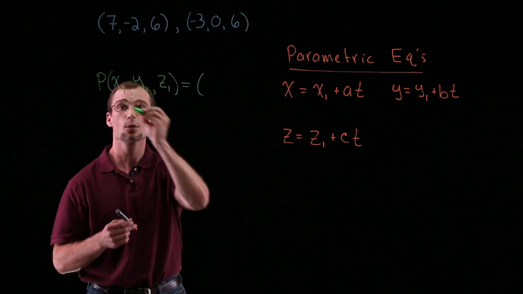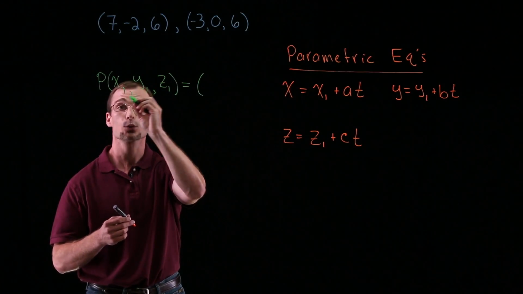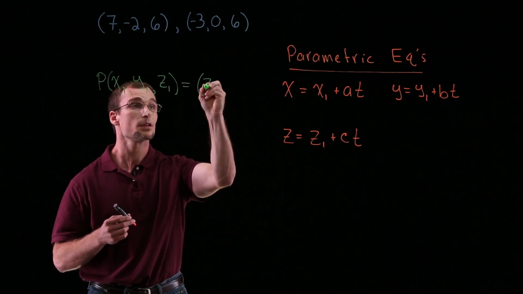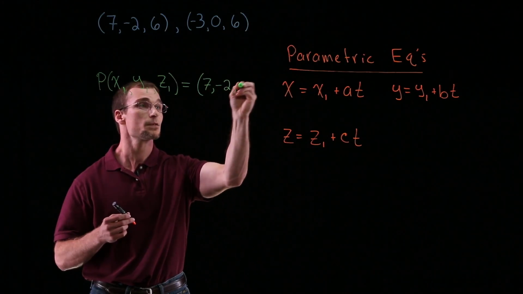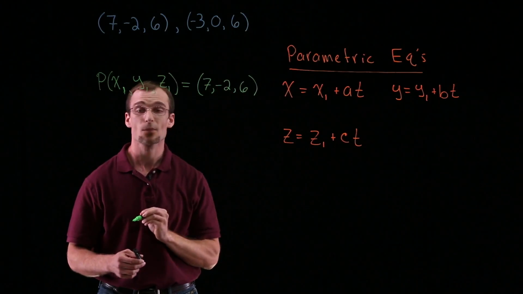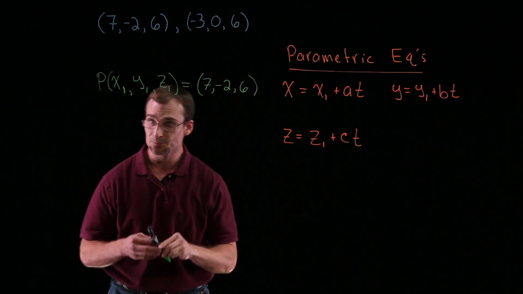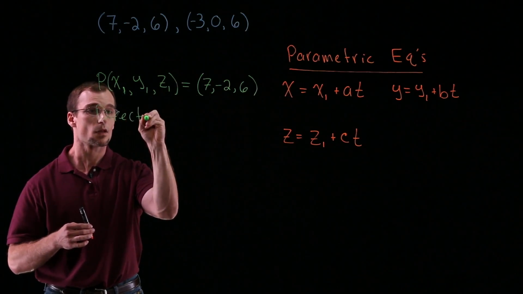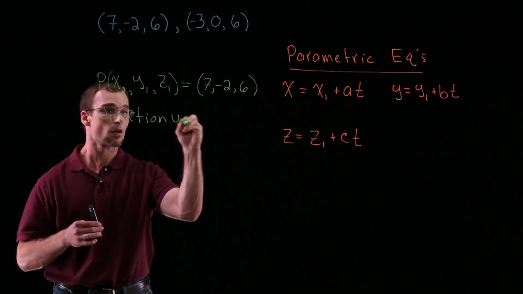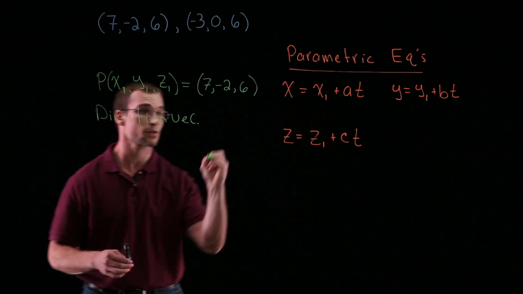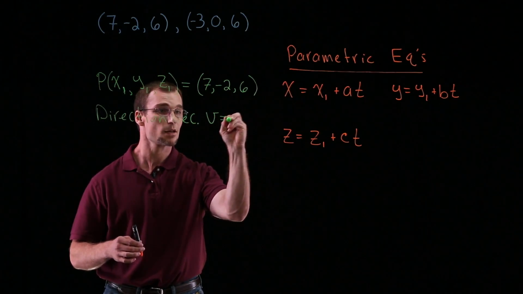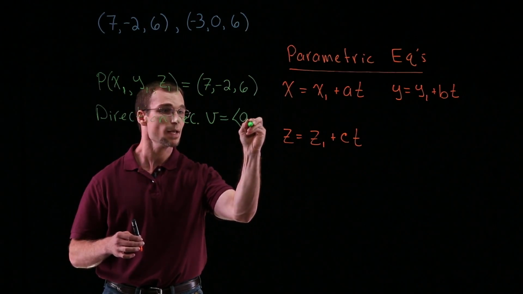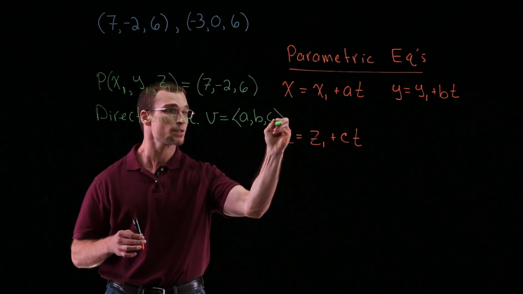So we'll take our point P with coordinates x1, y1, z1 as 7, -2, and 6. And then we need a direction vector, call it V, with components a, b, and c.